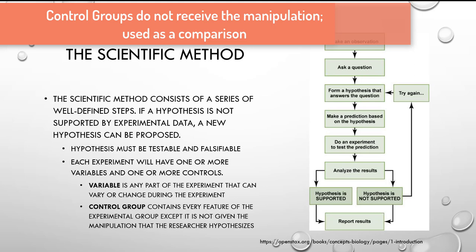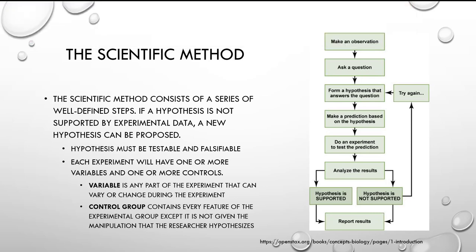For example, if we're testing which fertilizer works the best on plants, then we might have three different treatments. We'd have four plants, and three of the plants get three different types of fertilizer. Plant number 1 gets Miracle-Gro, plant number 2 gets this type of fertilizer, plant number 3 gets a different type of fertilizer, and plant number 4 gets no fertilizer.